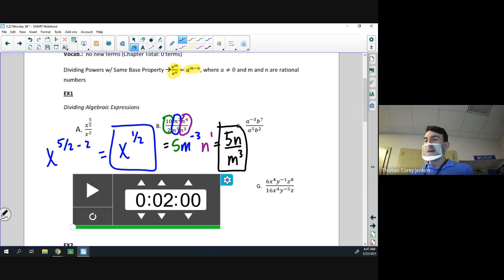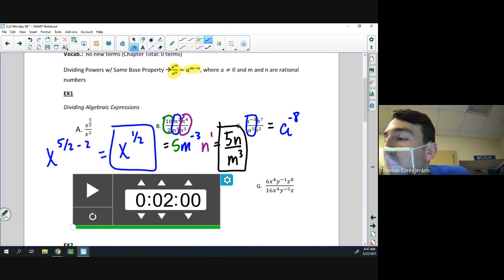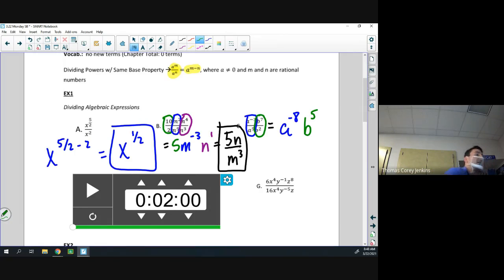All right, let's do another one then. For C, my exponent for a is going to be negative 3 minus 5, which is negative 8. So a to the negative 8. And then my exponent for b is going to be 7 minus 2, which we get 5. Go ahead and try to clean that up, and I will call on somebody for my final answer.